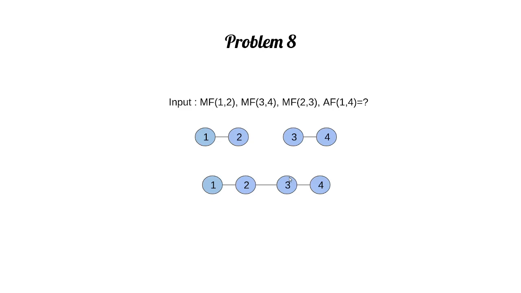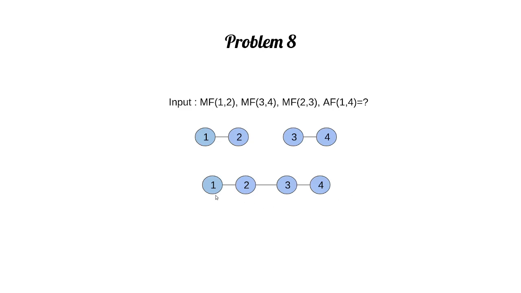Because our operation is a union operation, we are going to make a union of set 1, 2 and set 3, 4, and now all the elements 1, 2, 3, 4 are part of the same set. Now if we are asked are friends 1 comma 4, then we will perform a find operation, and if we find that both the elements are in the same set, then we say yes, they are friends.